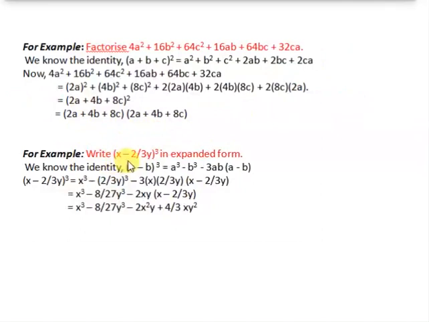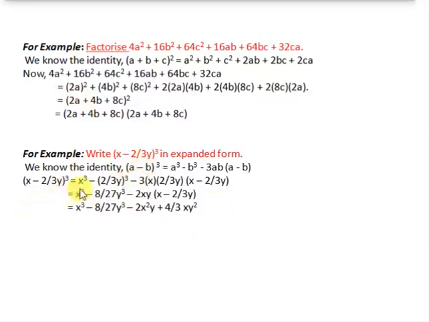Write (x − 2/3y)³ in the expanded form. Obviously we will be using here (a − b)³, that is a³ − b³ − 3ab(a − b). The value of a here is x and the value of b here is 2/3y.